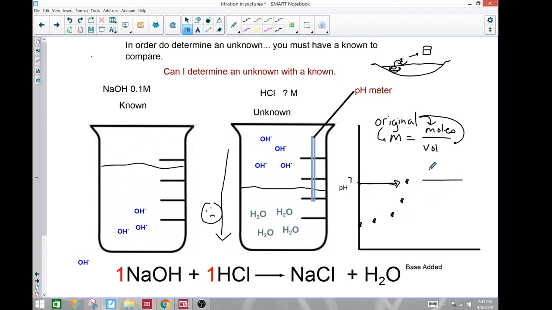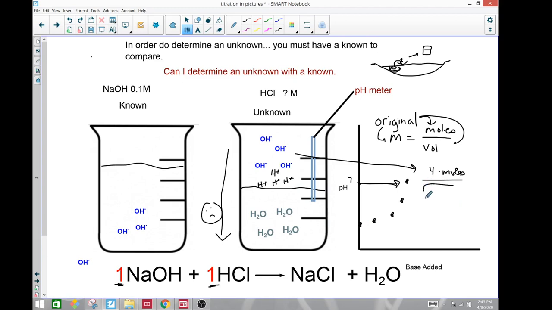Well, I had 4, so I would want the moles of the hydroxide. Now that's hydroxides. Is that what I want to put here? Do I want to put the 4 hydroxides here? Well, it turns out that for every one of these guys, there was one of these present. So really, previous to this, there were 4 H pluses in there originally that my 4 hydroxides reacted with. And then I would want the original volume before I even got started, whatever that happens to be.